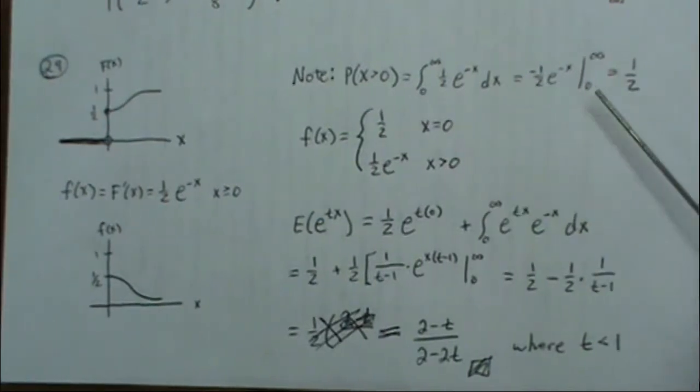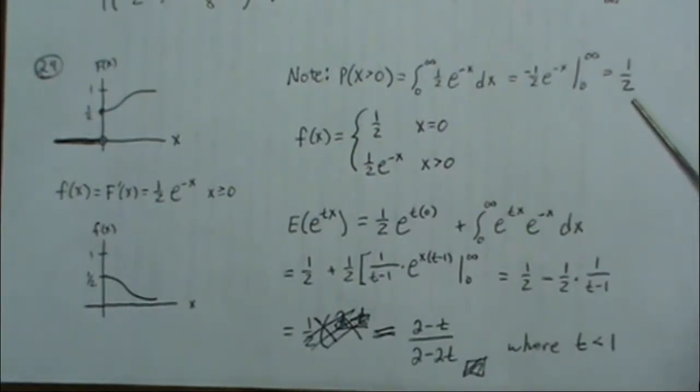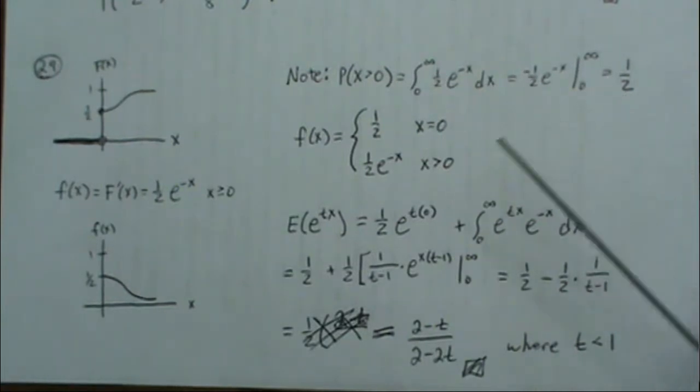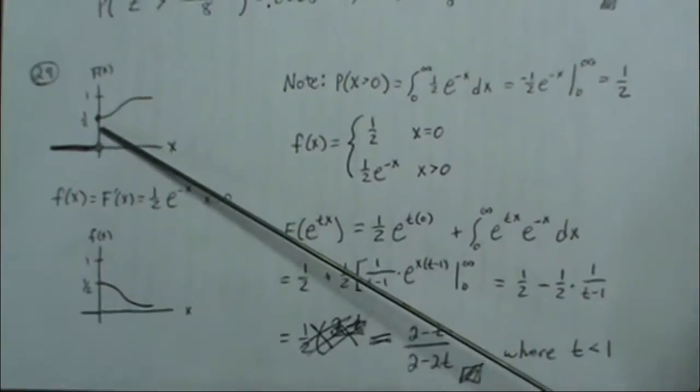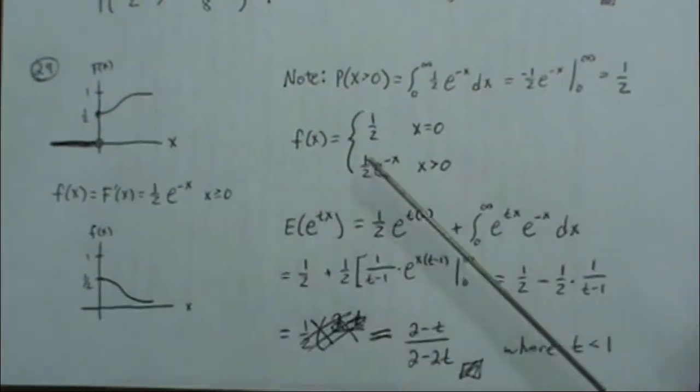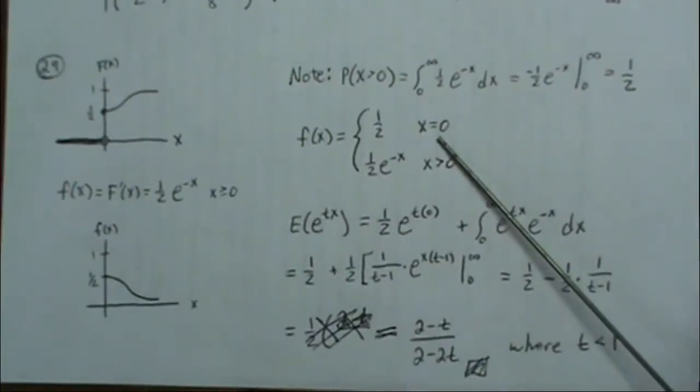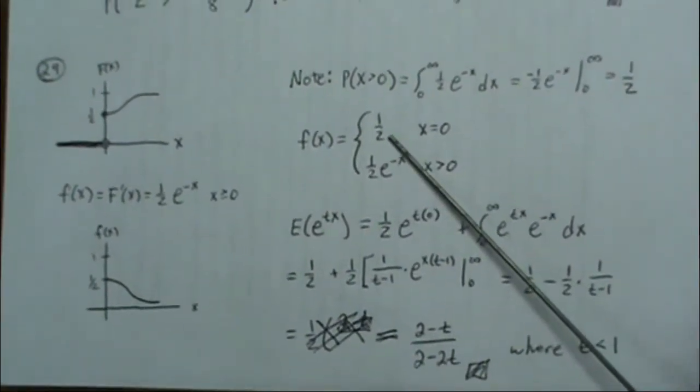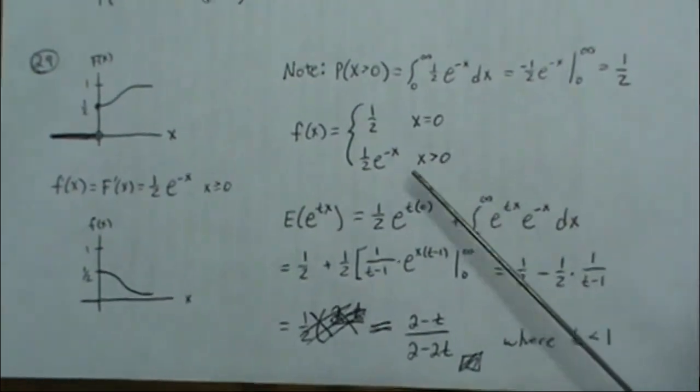So when you integrate it, it is equal to a half, and so we're missing something. Well, then you can show that there's some value when x equals 0. So when x equals 0, there's a probability of a half, and then when you're strictly greater than 0, then you're using this density.